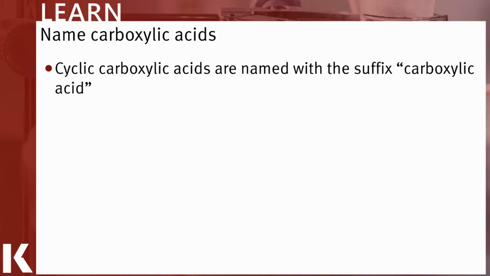Carboxy groups can also appear in cyclical molecules. And when that's the case, what we do is we add the suffix carboxylic acid. So for example, here is hexane, 6 carbons in a ring, so cyclohexane. And there's a carboxy group on one of these carbons.